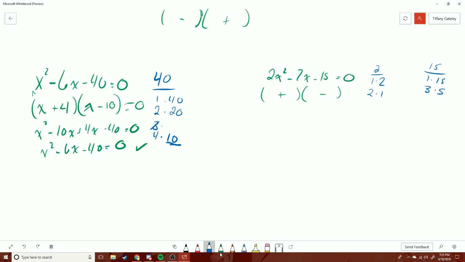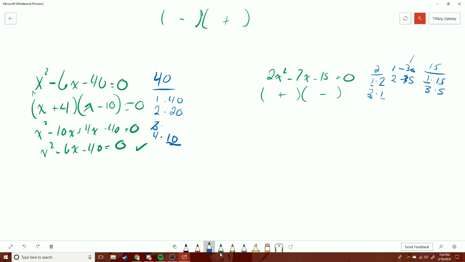Alright, so now let's do this. 1 times 1 is 1, minus 2 times 15 is 30. That doesn't equal 7. So next, 1 times 2 is 2, minus 15 times 1 is 15. 2 minus 15 isn't 7.